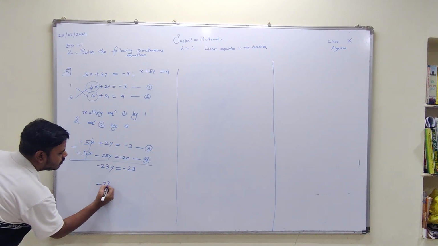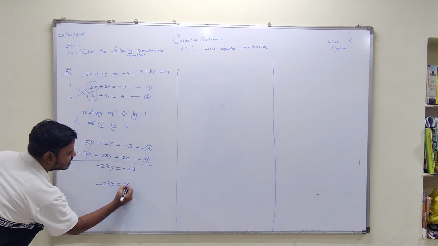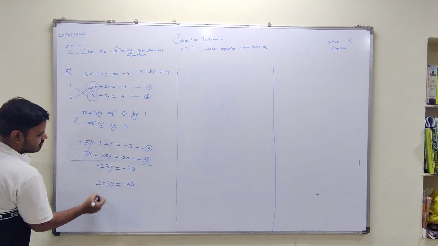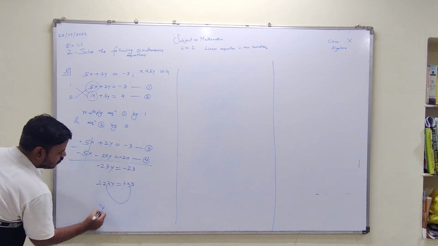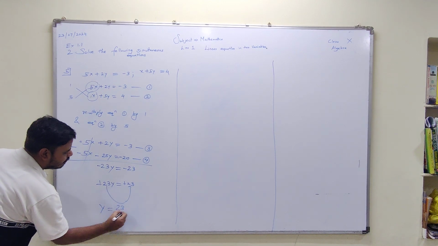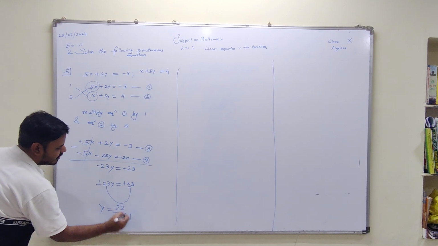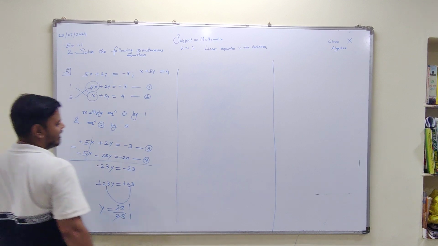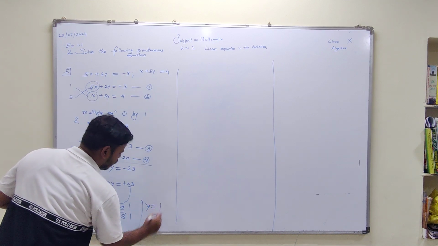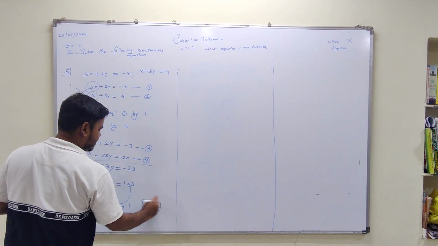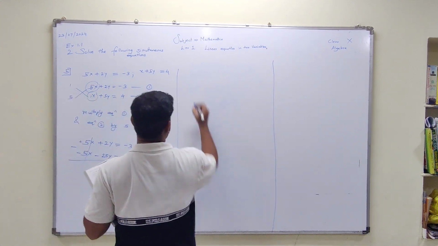So we get minus 23y is equal to minus 23. Minus minus will become plus, 23 will go down, y is equal to 23 upon 23, which gives y is equal to 1. So this is our first solution.